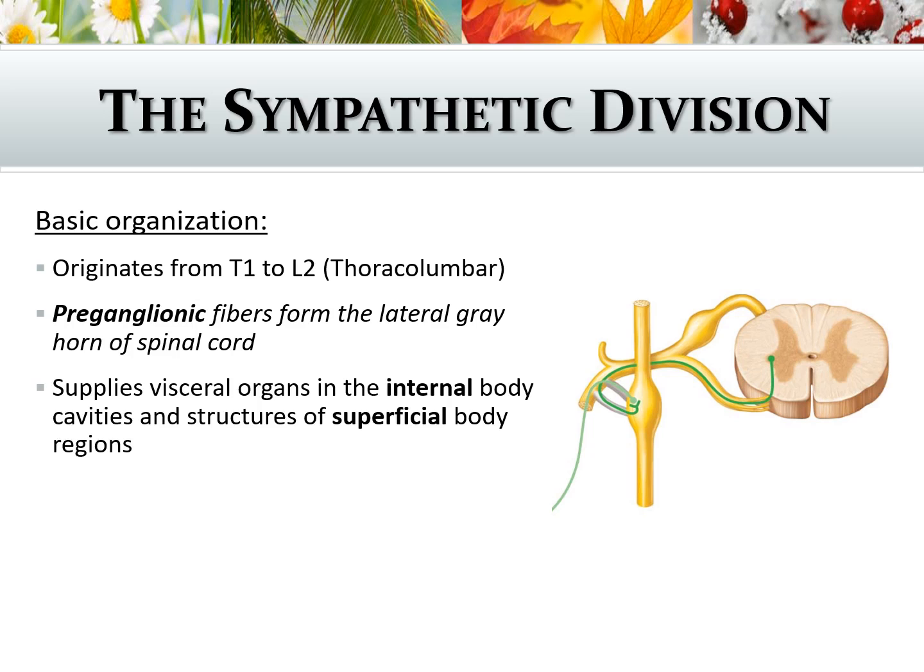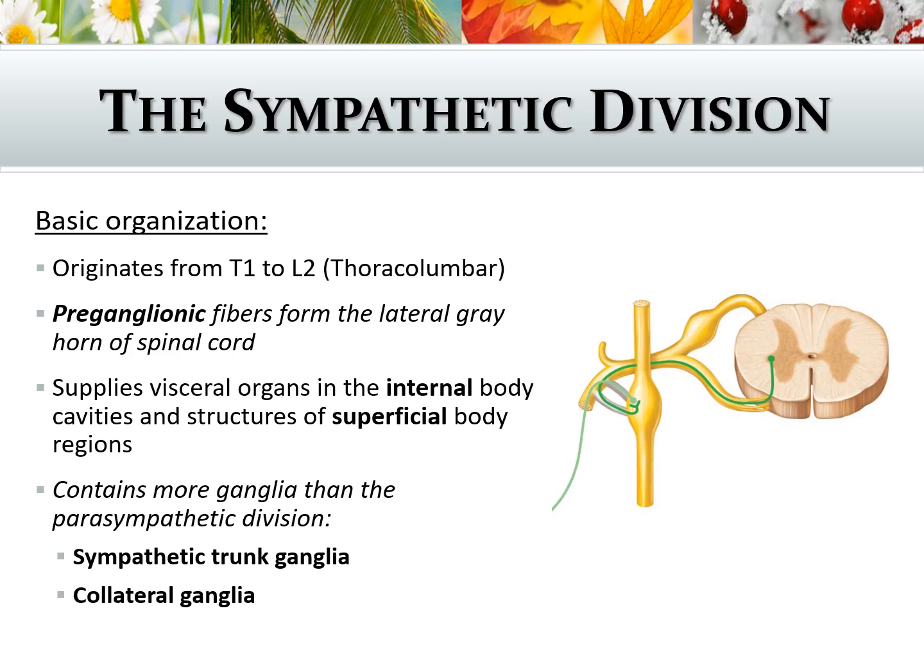They're going to innervate visceral organs in the internal body, as well as some superficial body structures in the skin. This is a little bit different from the parasympathetic because we do see some superficial innervation in the sympathetic nervous system.